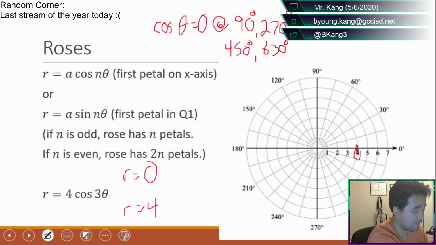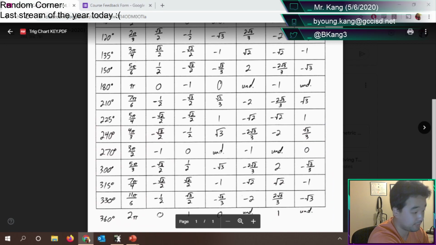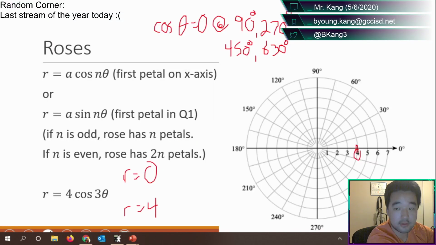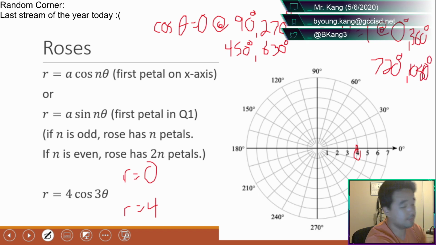Now, we're going to do the same thing for where cosine is equal to 1. Cosine is equal to 1 at 0 degrees and at 360 degrees, so at the very beginning and end. Oh, this is going to be behind my overlay, sorry, y'all. So cosine theta equals 1 at 0 degrees, 360 degrees, and of course 720 degrees, 1080 degrees. So those are all the places where cosine hits the maximum. And then where is cosine equal to -1?